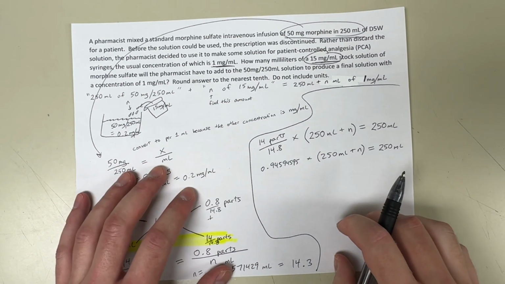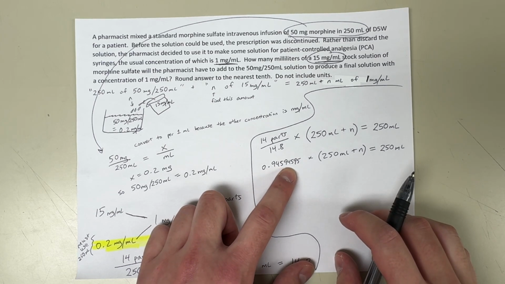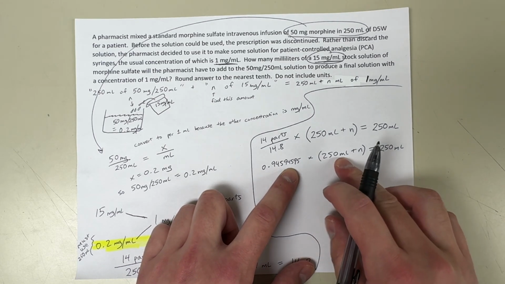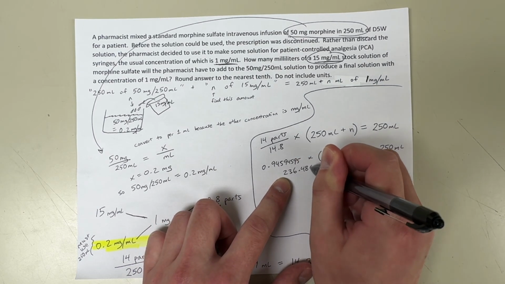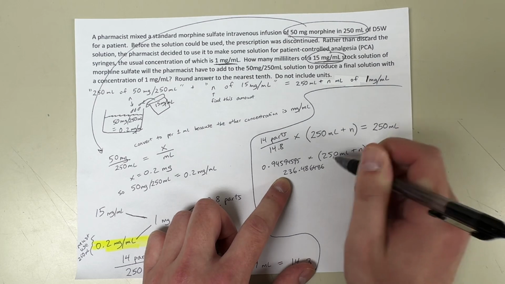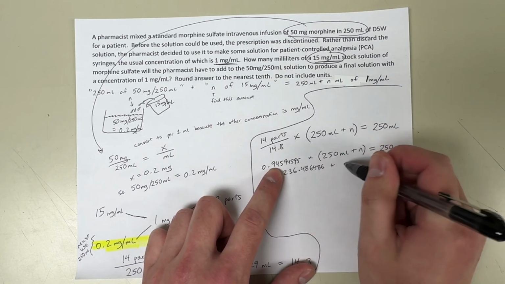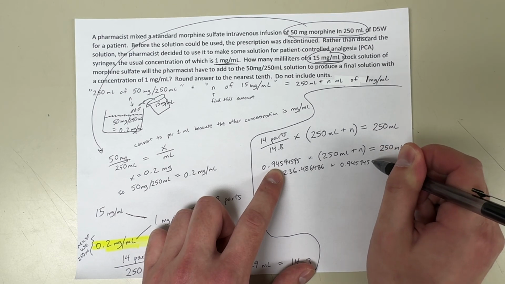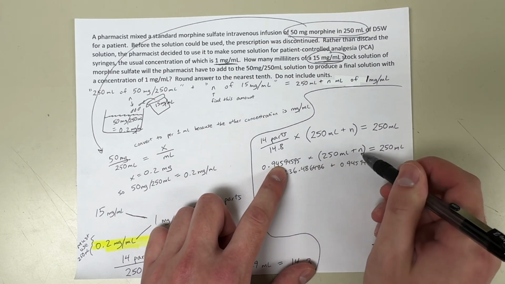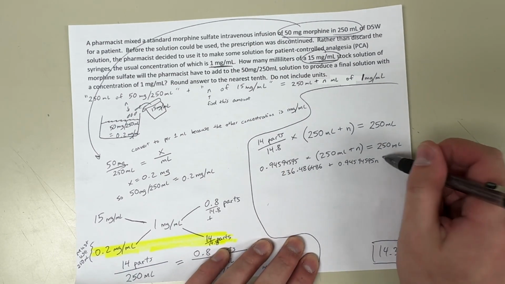When I take this decimal, 0.945945595, times 250, I get 236.486486, plus this number again, 0.945945595, times N. That equals 250.